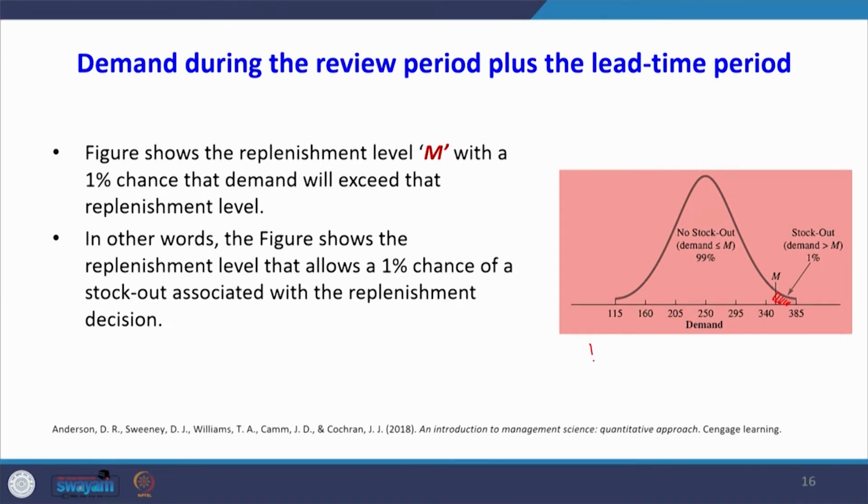You remember m was like this, and there is an ordering quantity q here. So, when will the stock out come? When the demand exceeds the replenishment level. In other words, the figure shows the replenishment level that allows a 1% chance of a stock out associated with the replenishment time.